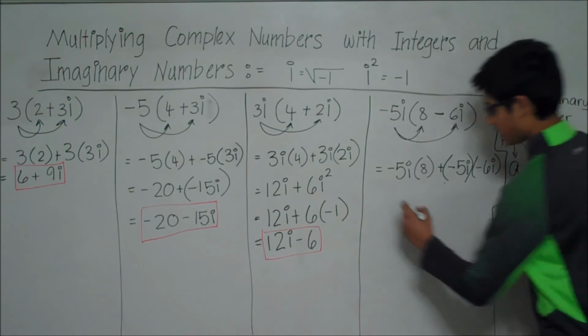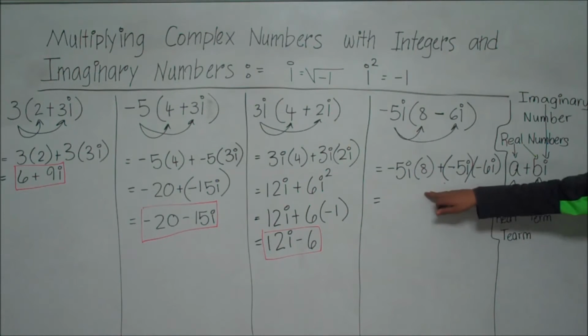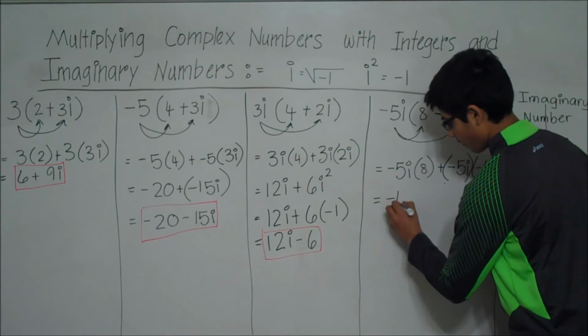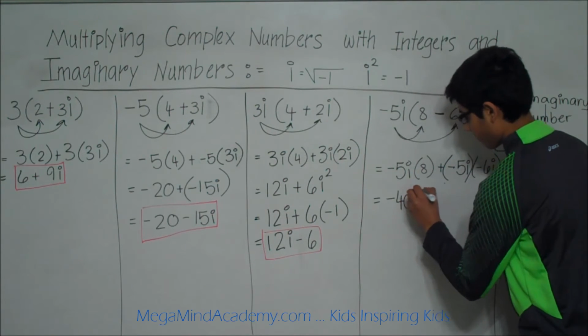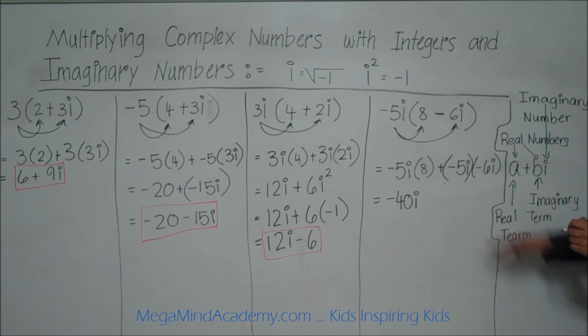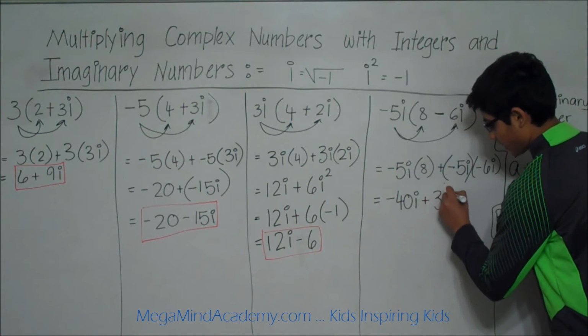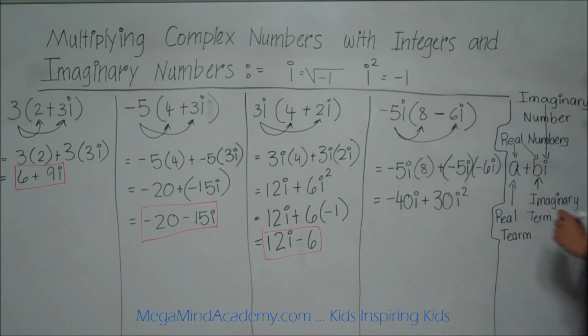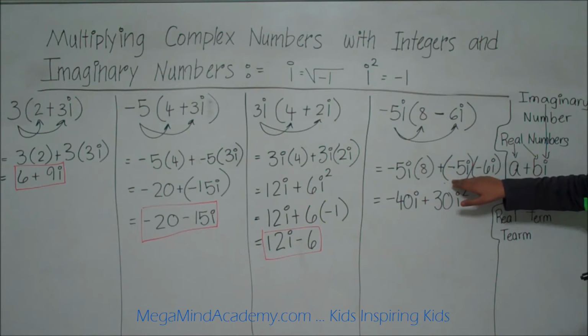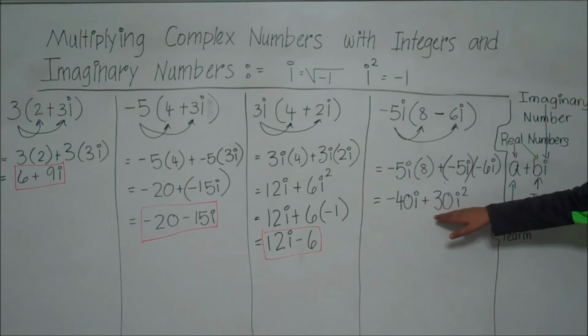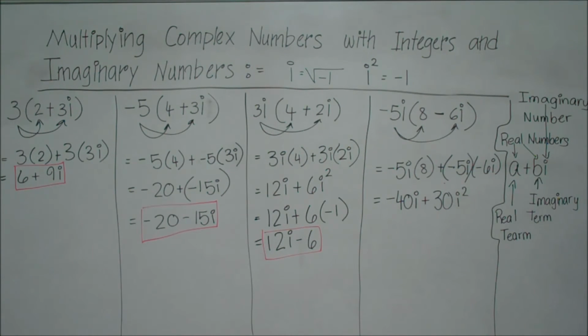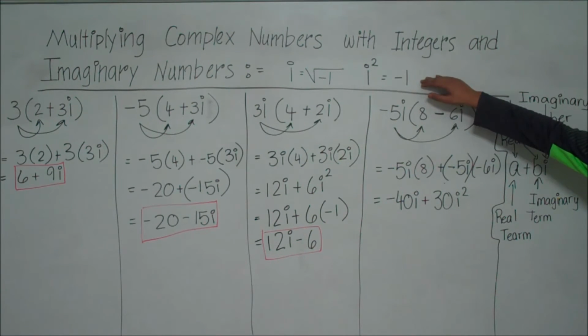So this is equal to negative 5i times 8 is negative 40i plus negative 5i times negative 6i is 30i squared, because negative times negative is positive. Now we know that i squared is equal to negative 1.